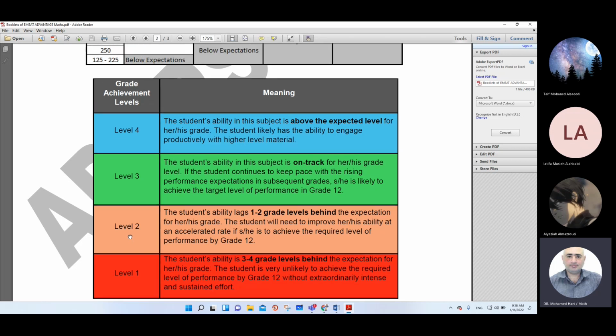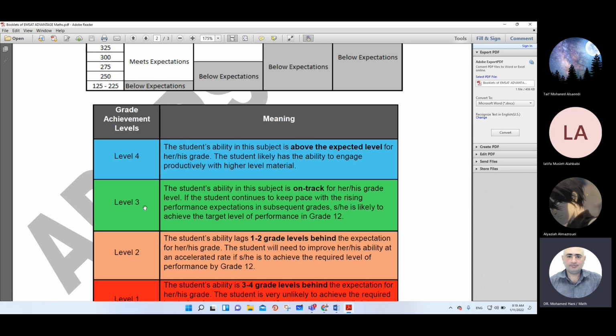And here each level has a meaning. For example, level 2: the student's ability lags 1 grade level behind the expectation for his or her grade. So the student will need to improve at an accelerated rate to achieve the required level of performance by grade 12.